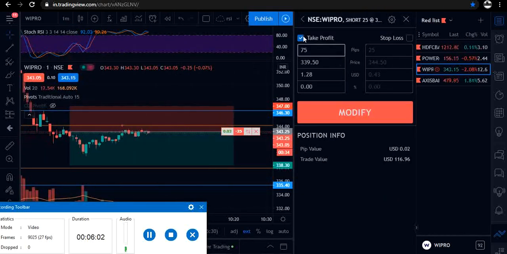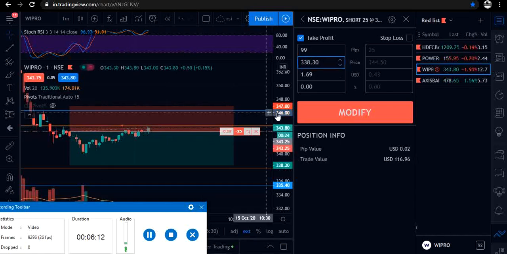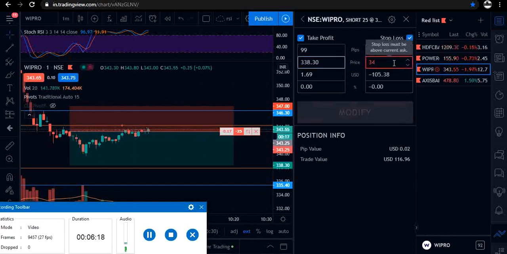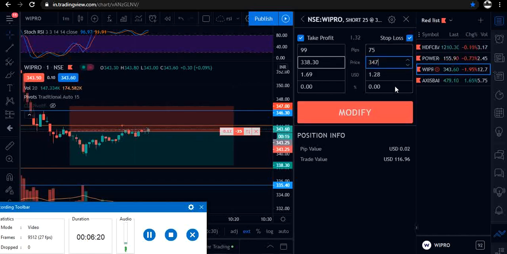So our target is 338.30, and our stop loss is 347. So we will add 347 here, and let us modify it. So it is sending the order. We will wait for it.